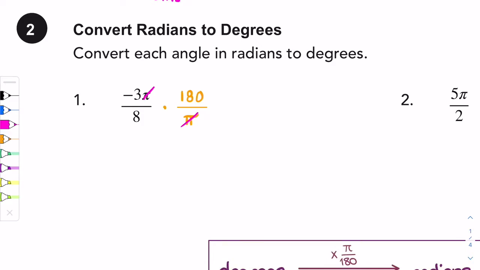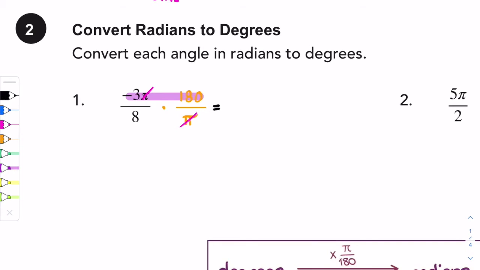Right away, we can eliminate the value of pi. And then I can either multiply everything together and divide it out, or I can simplify like terms. It doesn't really matter what you do. I'll multiply everything together. So I'll multiply the numerators. What's left is negative 3 times 180, divided by the denominator, which is 8 times pi.